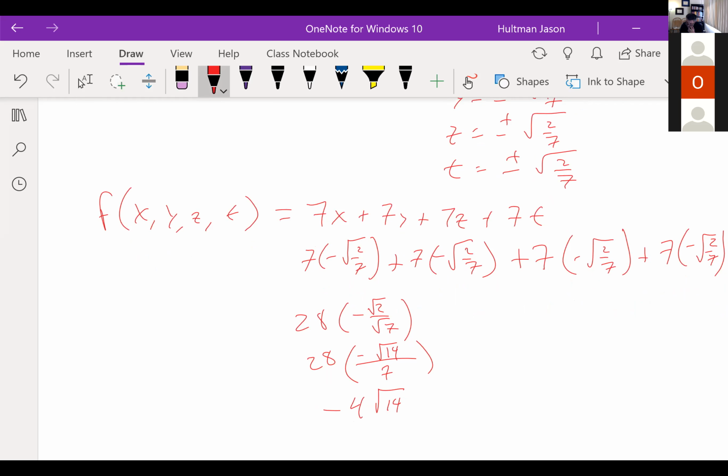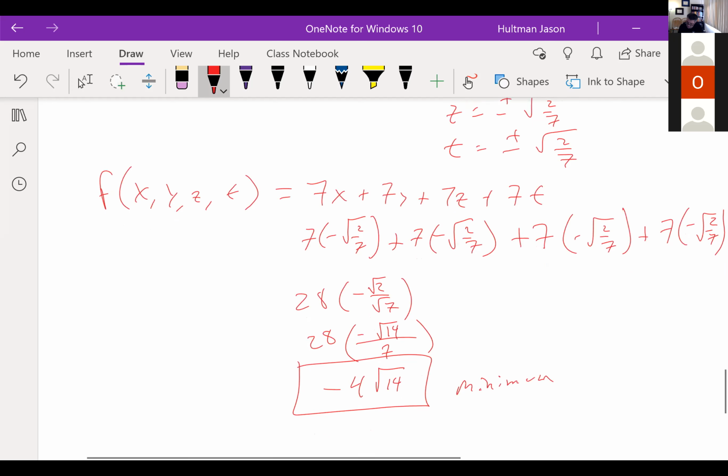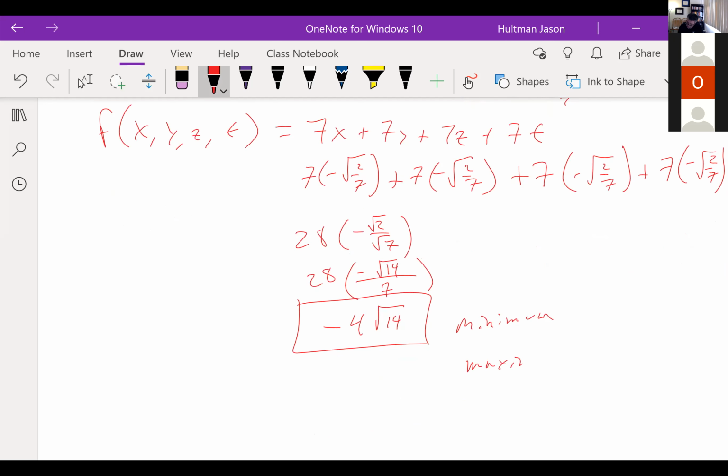There we go. Okay, I see where I went wrong. Thank you. What would the maximum be? Should be really easy to tell, right? It'll be the positive. Yeah. Exactly.